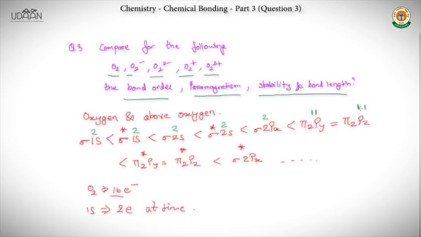Okay, so 15th and 16th will come one by one as opposed to coming in together. हाँ, इसका बेसिक रीजन ये है कि पाई टू पी वाई एंड पाई टू पी जेड की एनर्जी सेम है, तो इसलिए उन दोनों में पहले इलेक्ट्रॉन चले जाता है और दूसरे इलेक्ट्रॉन को थोड़ी सी पेयरिंग एनर्जी चाहिए रहती है, इसलिए वो बाद में डबल होते हैं. So it's pairing energy, that's the reason.